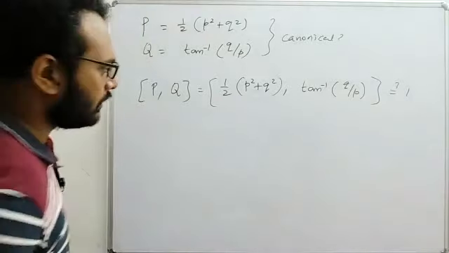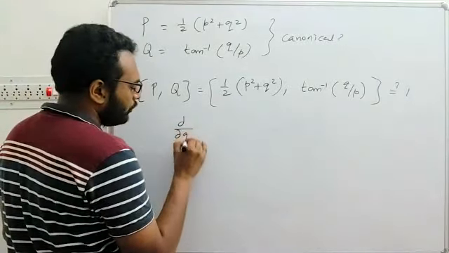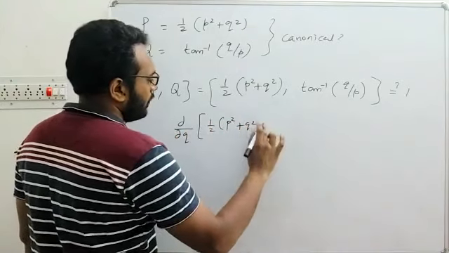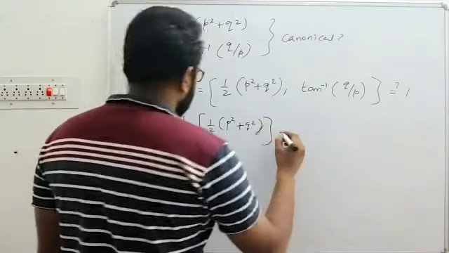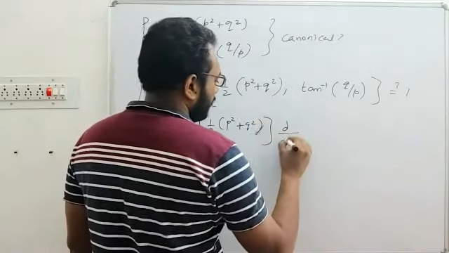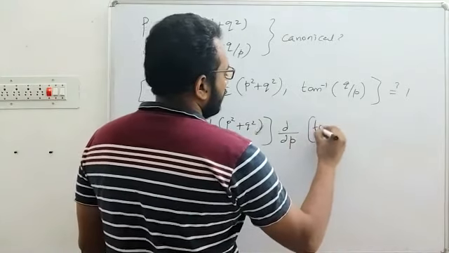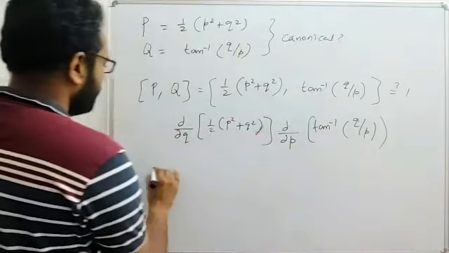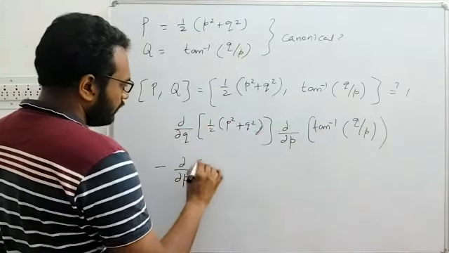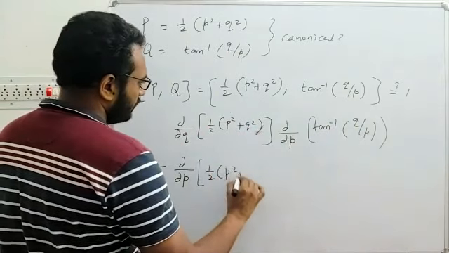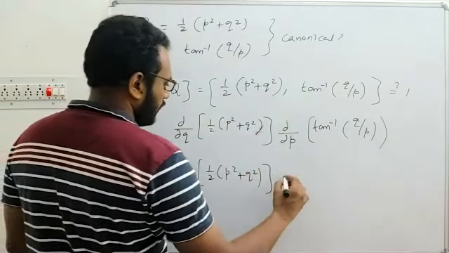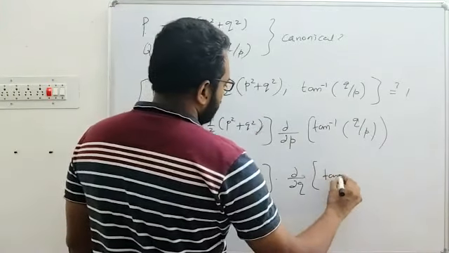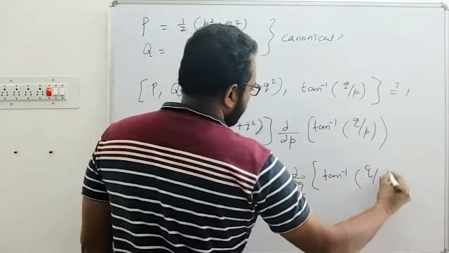Let's write it down. So let's write all the steps. This is equal to dou by dou q of half p square plus q square, okay, multiplied by dou by dou p of tan inverse of q by p, okay, minus dou by dou p of half p square plus q square, okay, multiplied by dou by dou q of tan inverse of q by p.